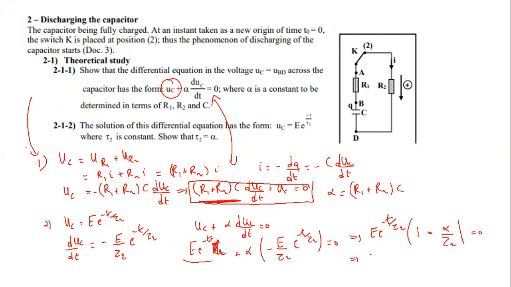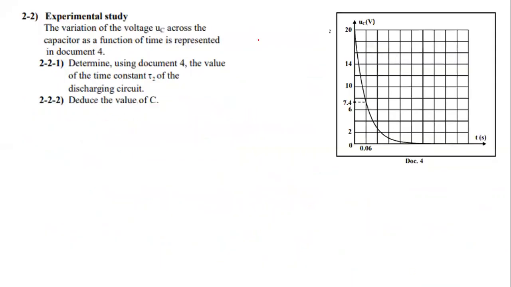So this means that alpha equals tau2. So it's verified. We continue.